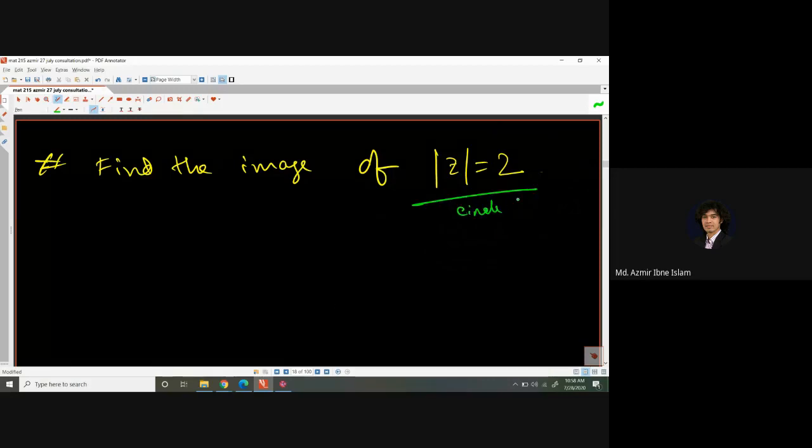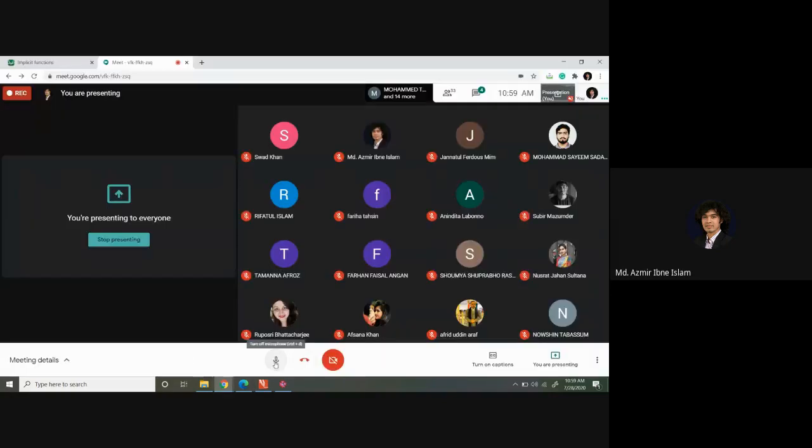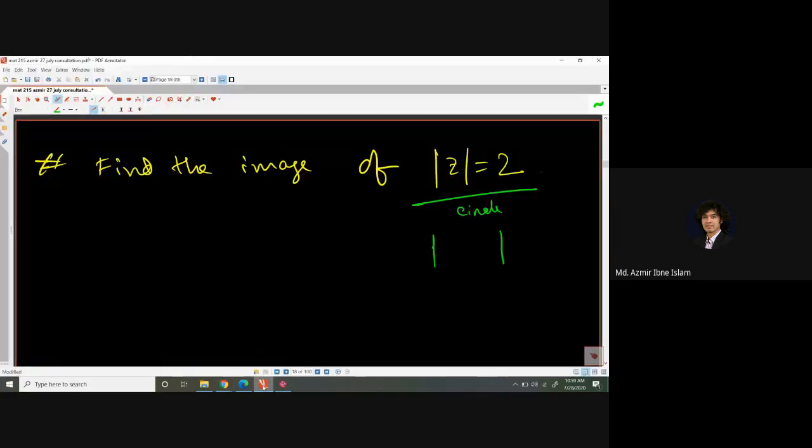How will you get the idea? Where we have z, we have to input x plus yi equal to 2.